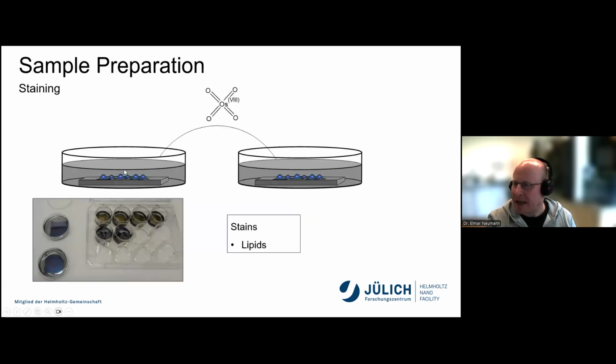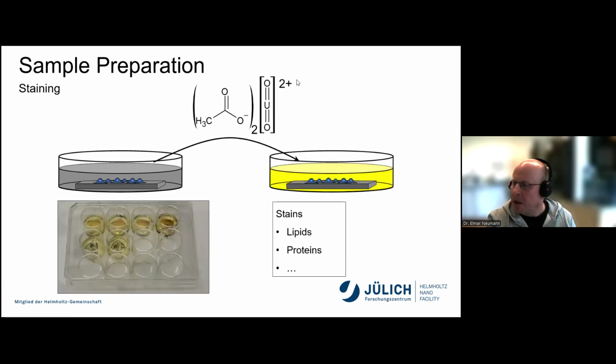Next thing is, again, staining with osmium tetroxide. Again, it stains the lipids, and here you see the difference in color in these cases. After that comes the heavy metal staining, though osmium is also quite a heavy metal, but the next step is using uranyl acetate. This goes to both lipids and proteins and some others. This is also true for the osmium.